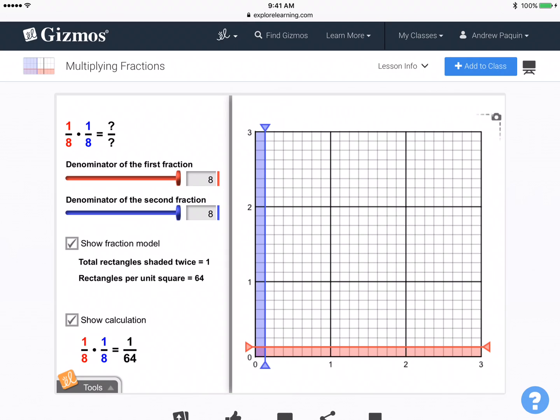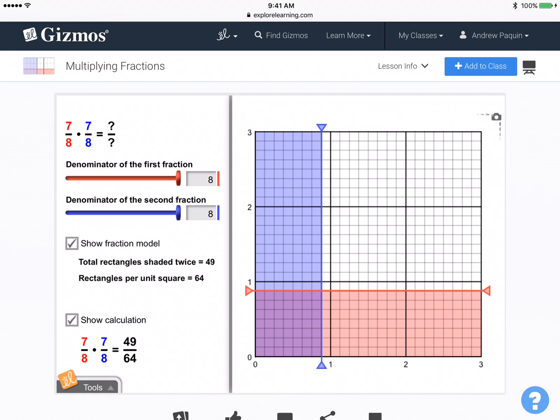The closer my fractions are to 1, as in this case I move it up to 7/8 times 7/8, the closer these fractions get to 1, the closer my product will also get to 1. Still smaller than each of the factors because again I'm scaling down. I'm not doubling or increasing by a factor of greater than 1. So I'm still scaling down, but we can see that I'm closer to 1 now than I was before.